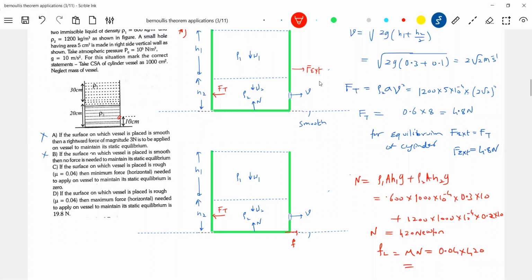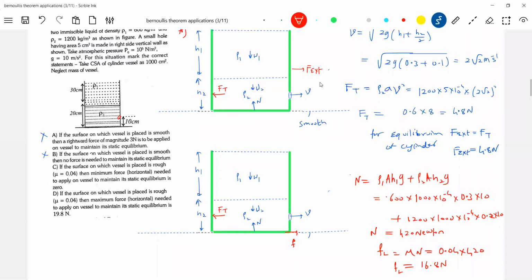F limiting? 16.8. Yeah, 16.8 Newton is the limiting friction.